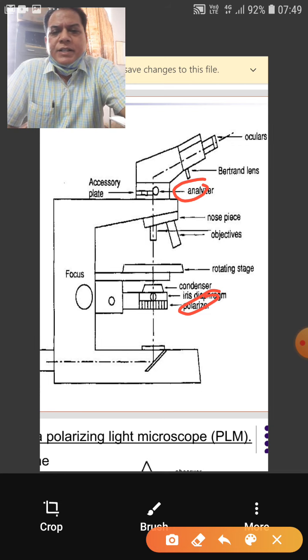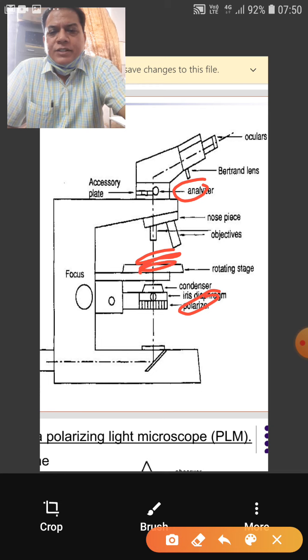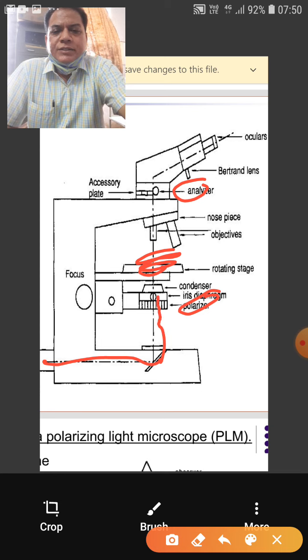If these two Nicol prisms are additional features of any microscope, then that becomes your polarizing or petrological microscope. The thin section is kept on the stage. This is a rotating stage. Light comes, is reflected, passes through this, and ultimately through the thin section of the rock, and finally to the ocular.